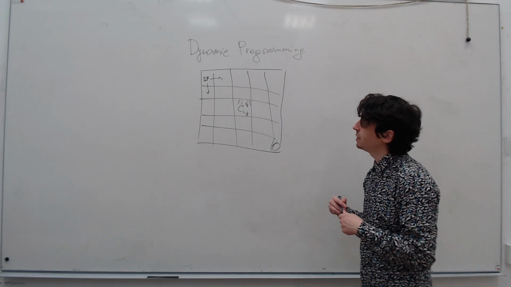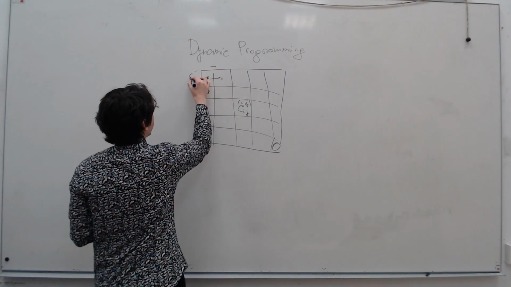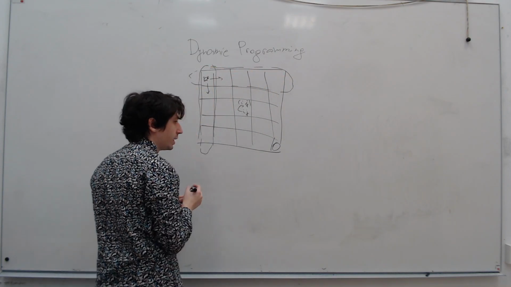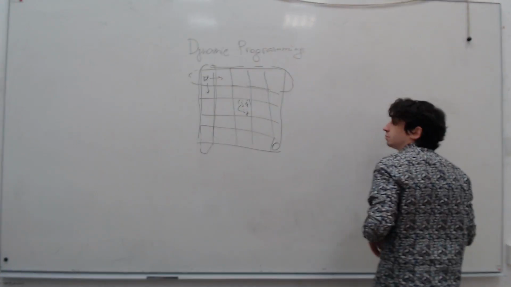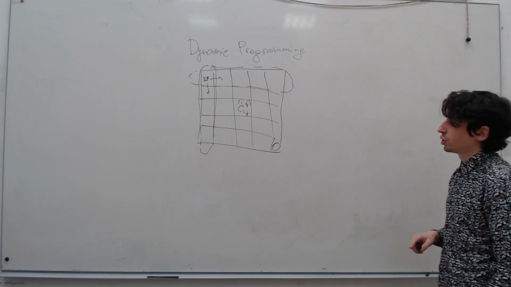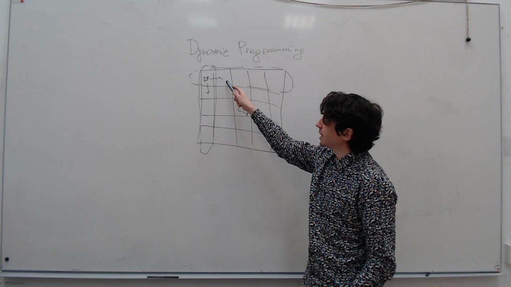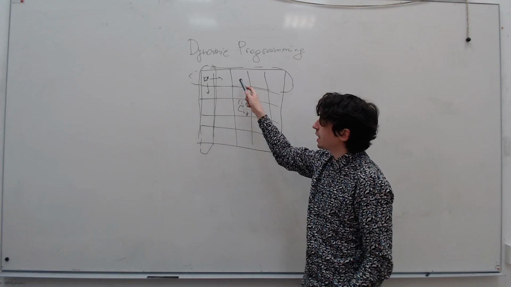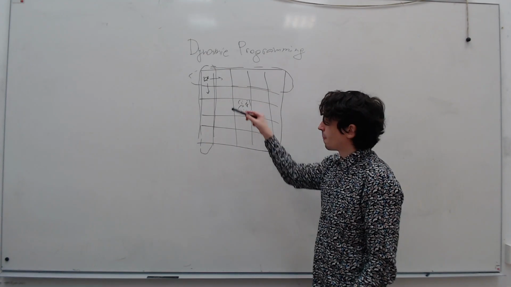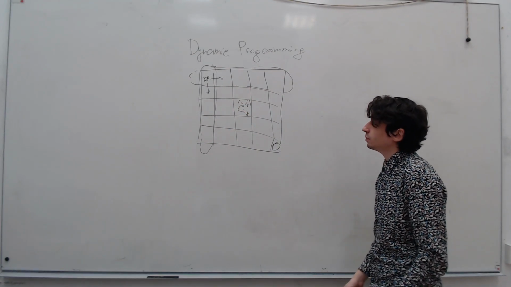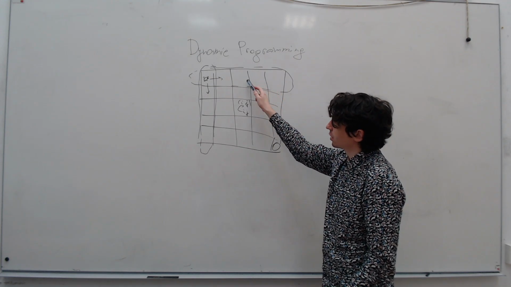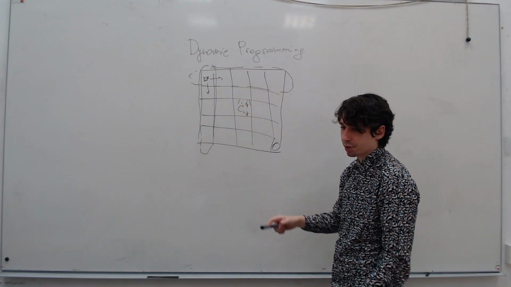The base will be these cells, and these cells, where at least one coordinate is 0. So the maximum number that we can get is simply the sum on this prefix. And here is the same, because there is only one way to get to each cell. To this cell only from the left, and for this cell only from the top.